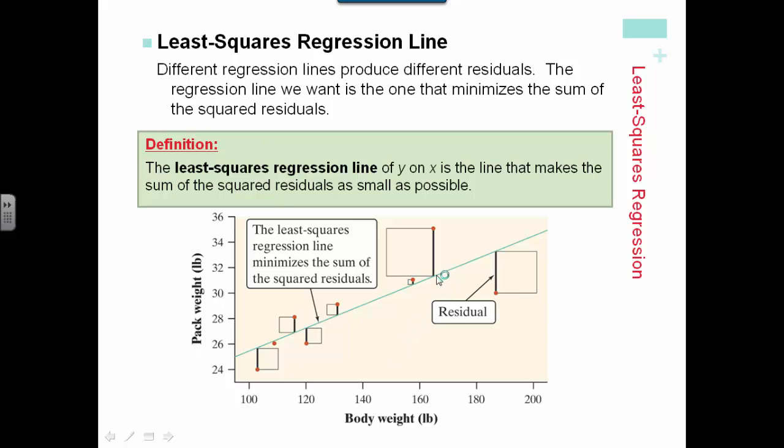In other words, if we square the residual value, remember it becomes positive, we want the sum of those values to be as small as possible when we add all the values together. In other words, we want our points of data to be close to the regression line.